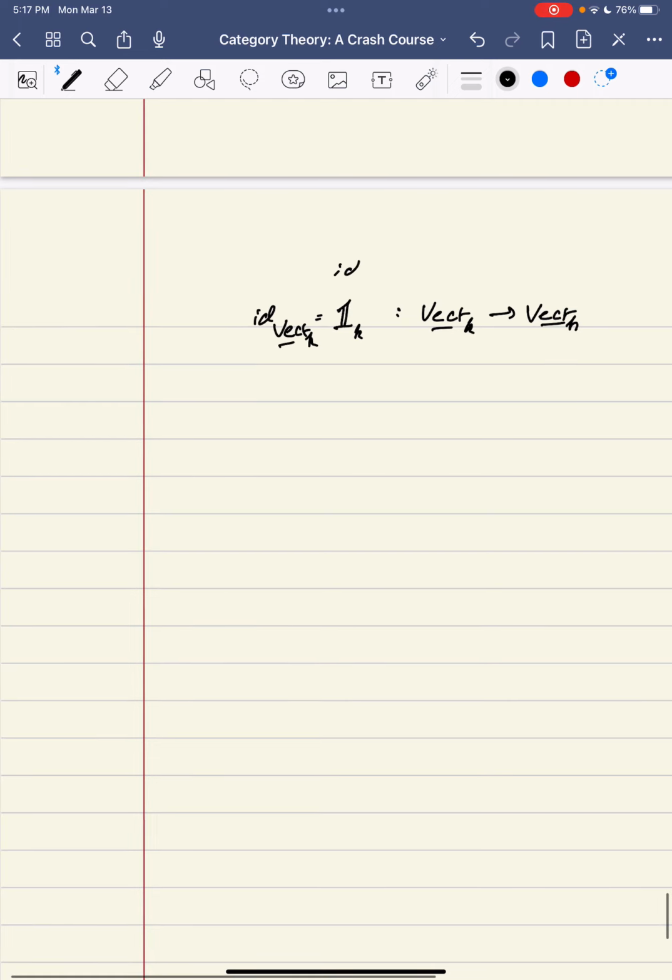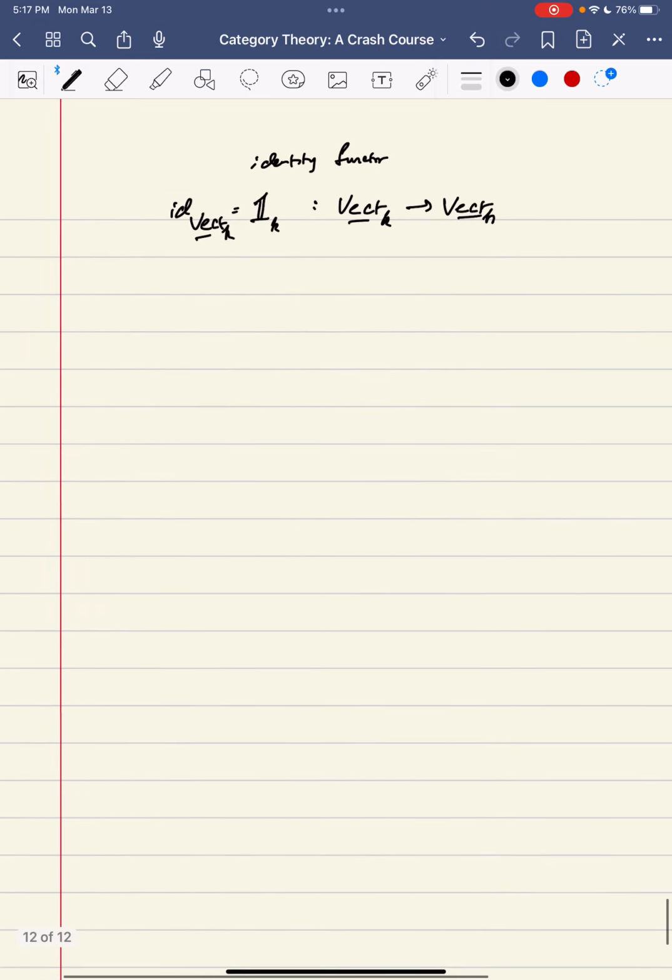So this is the identity functor. And then I had a dual vector space functor, D, which goes from the opposite category of vector spaces into the category of vector spaces. It sends V, a vector space, to the set of linear functionals on V.